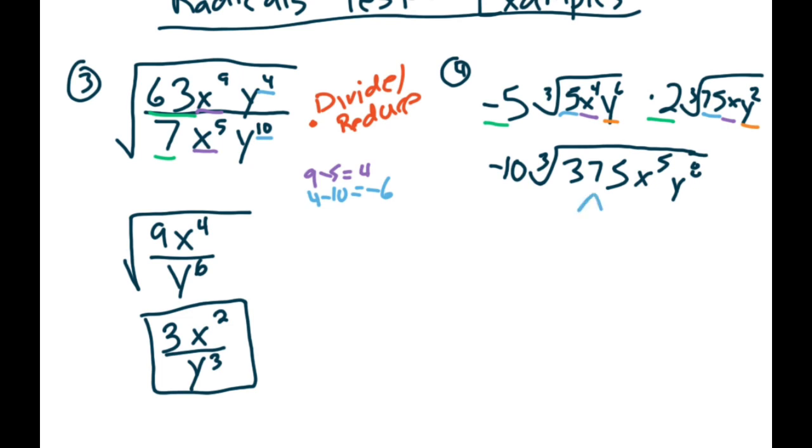So 375, we just found out, is 5 times 75. 75 is 25 times 3. And 25 is 5 times 5.